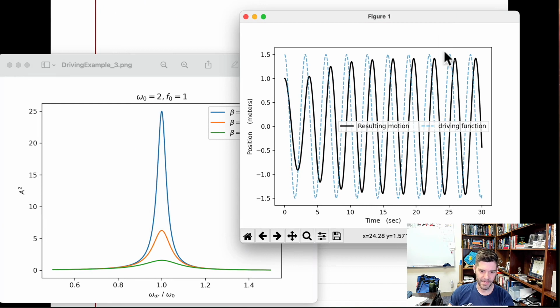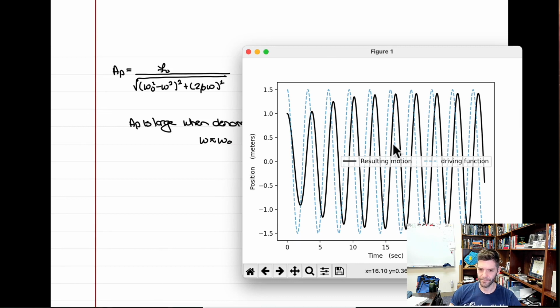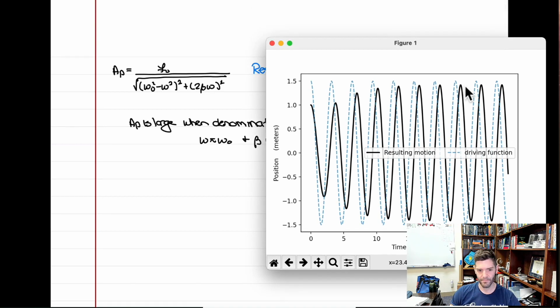So this amplitude here might be matching what you would expect for the particular parameters that are being used at this resonance location. So lots of things can happen. It's kind of fun to play around with, kind of easier to work through on a computer. So I showed you these kind of examples, and we'll probably do some of these in class as well.